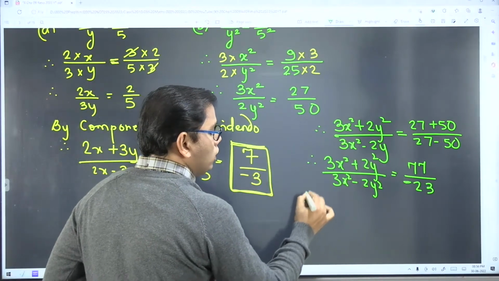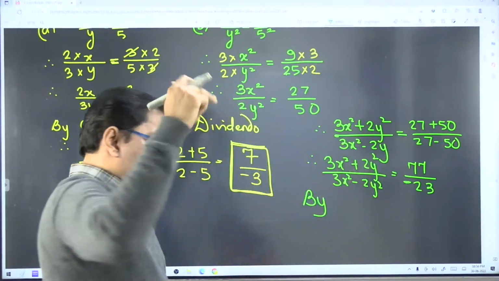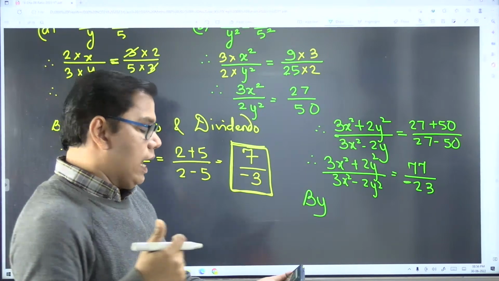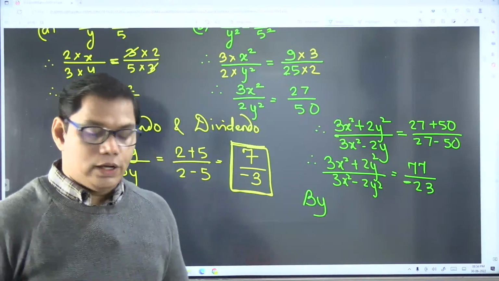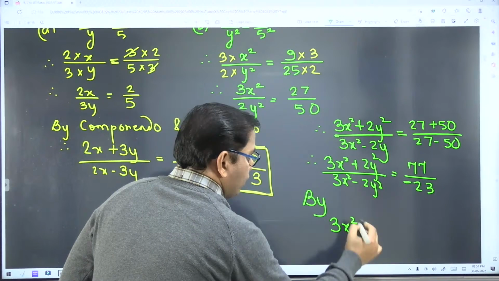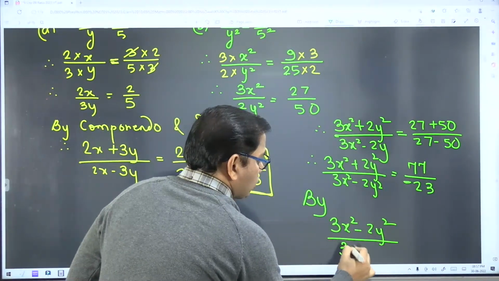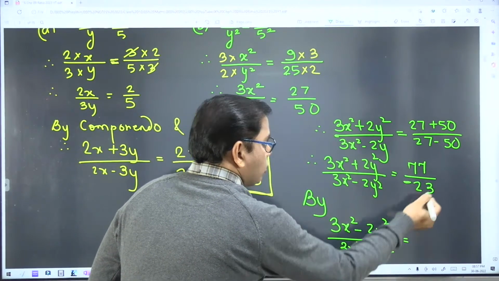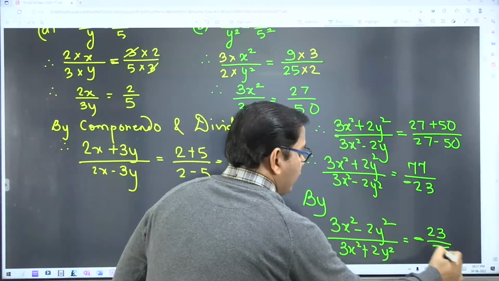So which property will I use? Okay, chalo, tell me the property. Students are already giving the answer. Rajvi, it is not alternando. Which is that property? Turning the upside down one right way up. 3x square minus 2y square upon 3x square plus 2y square is minus 23 in the numerator and 77 in the denominator.